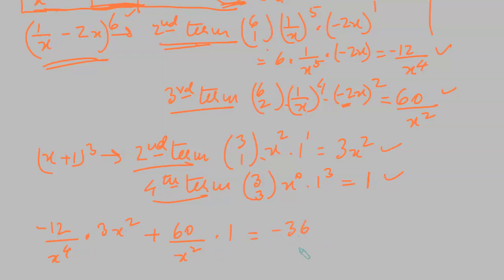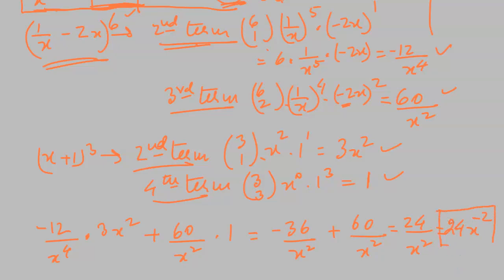So, negative 36 over x to the power of 2 plus 60 over x to the power of 2 is equal to how much? If you want, you can use your calculator. 60 minus 36 will be equal to 24. So, it is 24 over x squared or 24x to the power of negative 2. This is our answer.